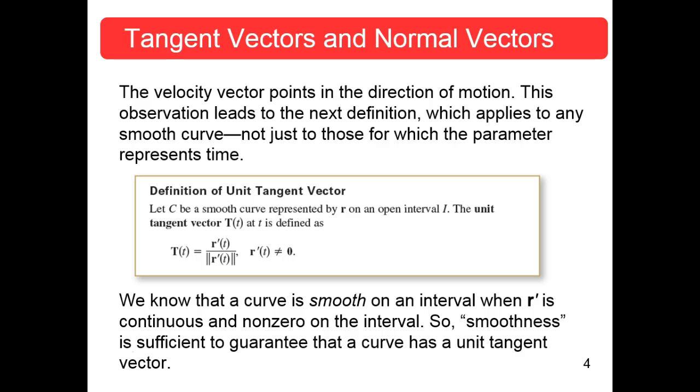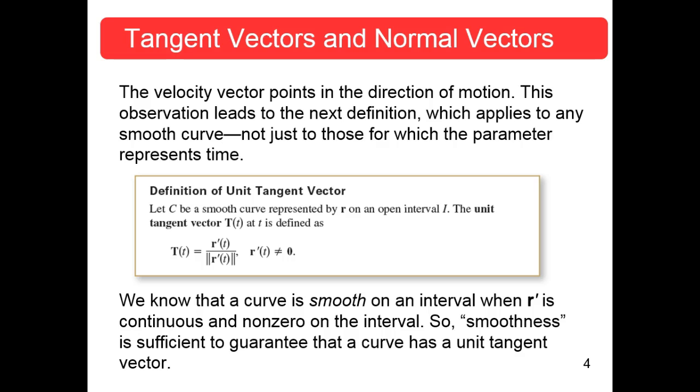Okay? The unit tangent vector, capital T of t, is then defined as the first derivative of that displacement vector, the R vector, first derivative of the R vector with respect to t, divided by the magnitude of the R vector prime, because the first derivative of the R vector with respect to your independent variable, that will be your tangent vector.